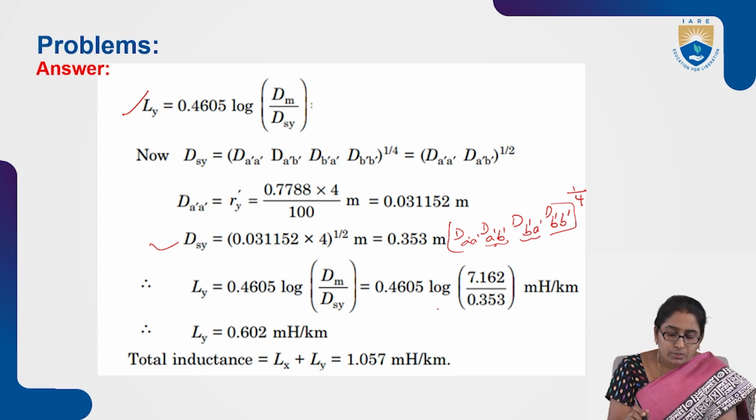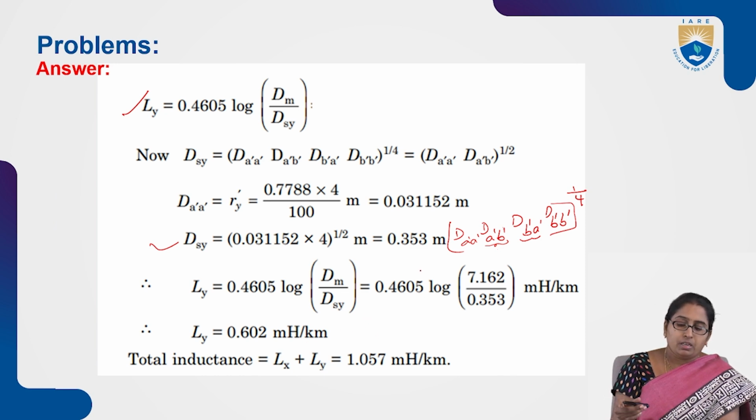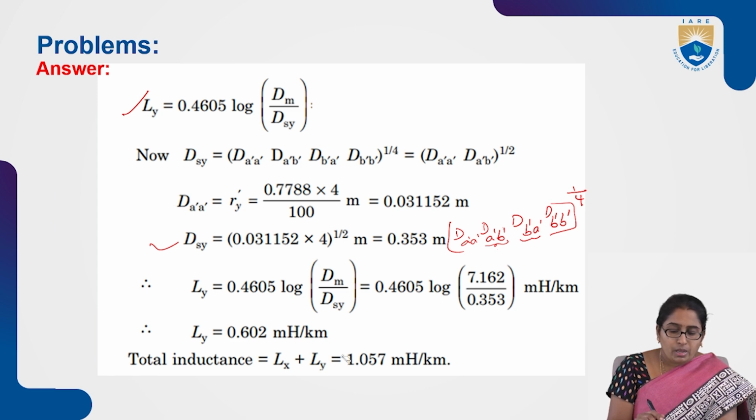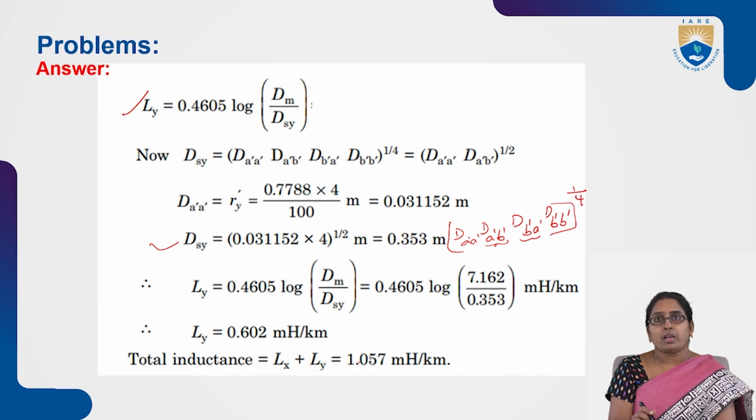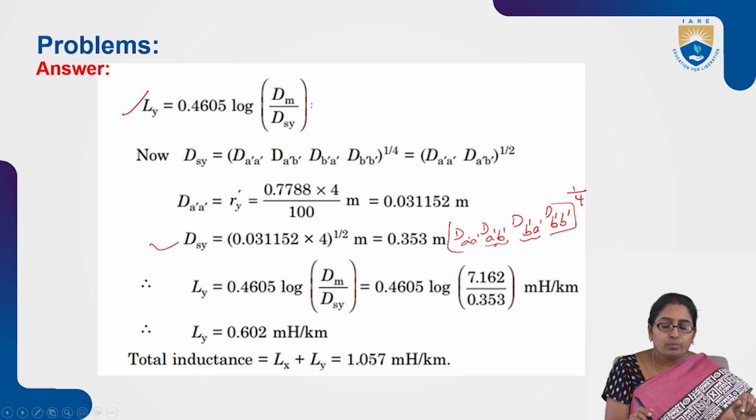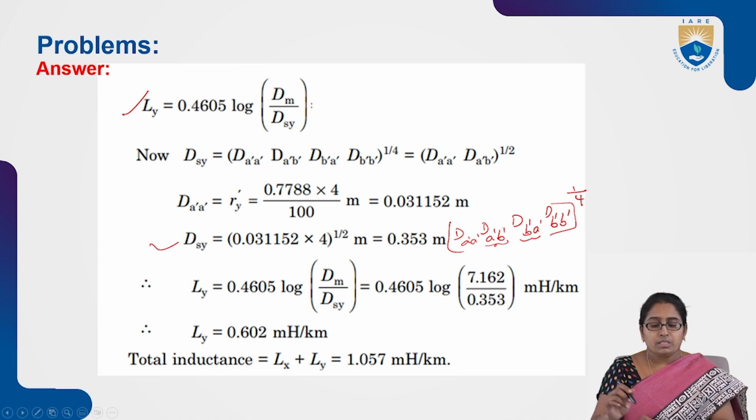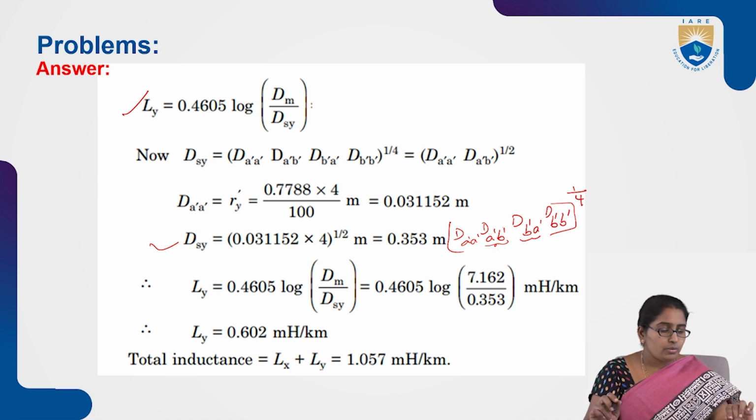The value is 0.602 millihenry per kilometer. Now this is given by the total inductance, as they asked in the problem: 1.057. So the answer for this problem is 1.057.